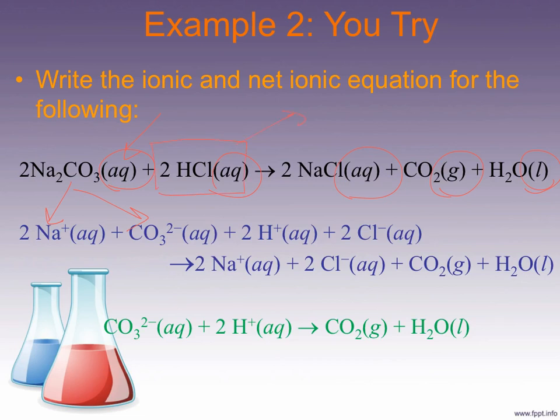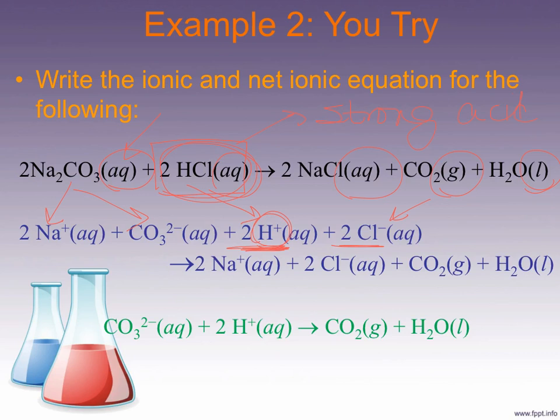This is a strong acid, and you may remember in lecture when I said there's 7 strong acids you need to memorize and 8 strong bases. If you have a strong acid or a strong base, they dissociate. You treat them like ionics even though they're really covalent. So that is a strong acid. It gives us 2 hydrogen ions. Acids always dissociate into a hydrogen ion and then what's left over, and 2 chloride.